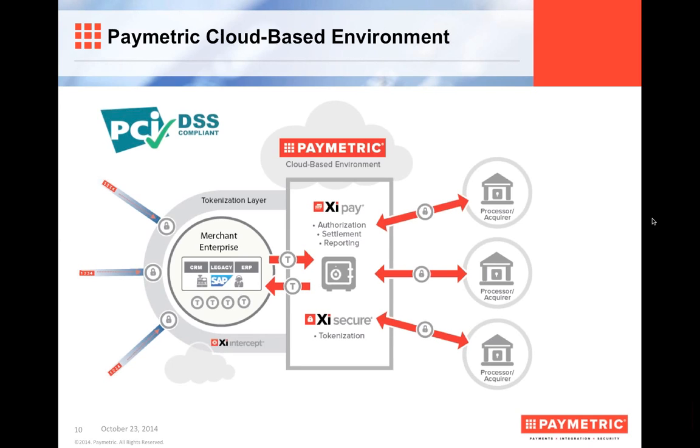And then within those applications, when it's time for you to process a payment with those details, you would send those out through the interface to Paymetric's cloud environment to Xi Pay to process the payment, and the detokenization back to the raw card, which the processor or acquirer requires, would happen then within the Paymetric environment. So you maintain and transmit secure tokens within the merchant environment.